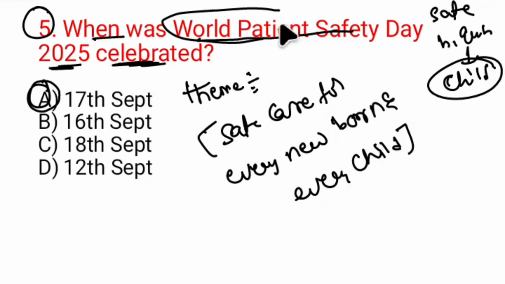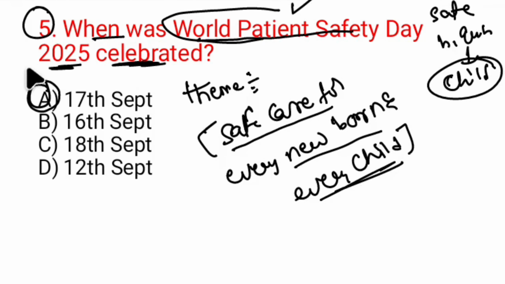So as we discussed, this patient safety day is talking about the safety of newborn babies and children, which is why the theme also goes on safe care for every newborn and every child, and this was observed on 17th September. Therefore option A is the right option for question number 5.